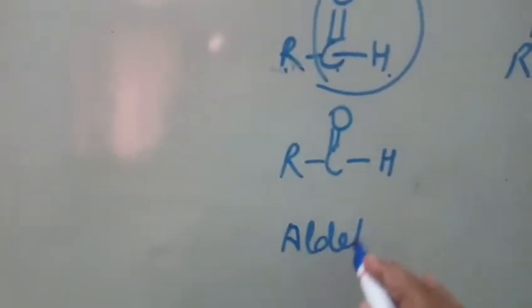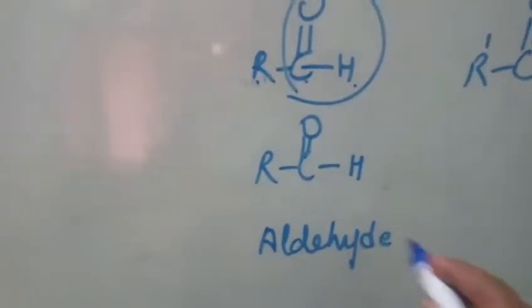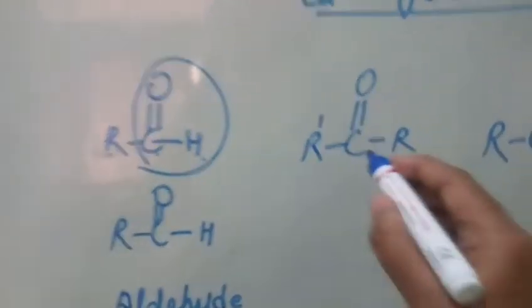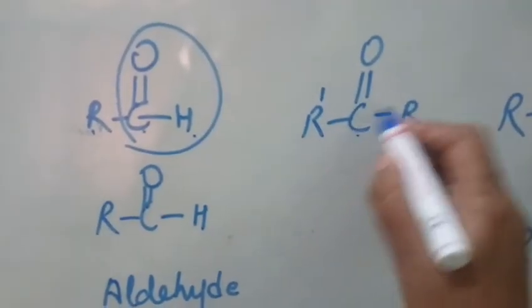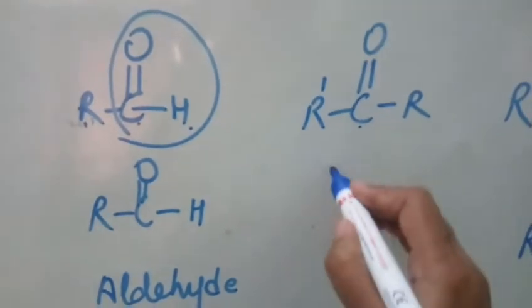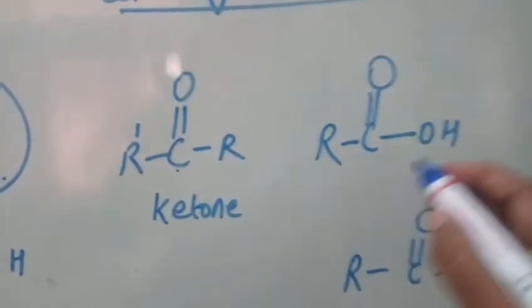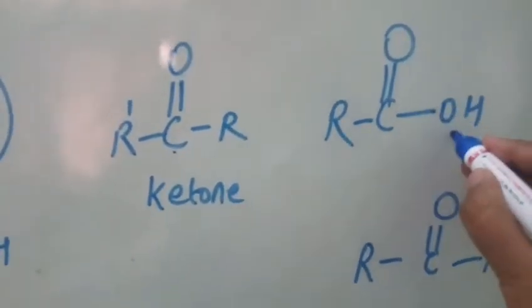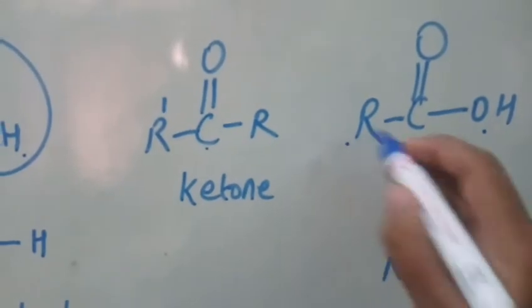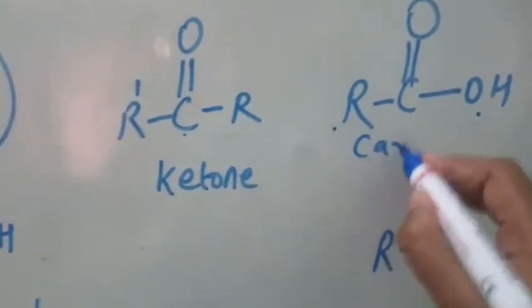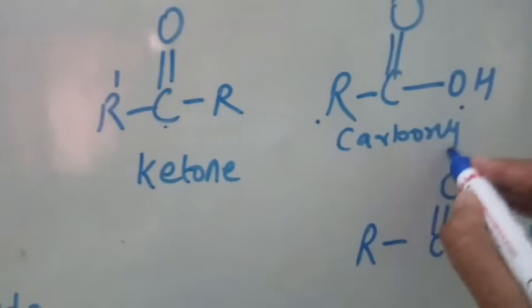Similarly, in ketones, the carbonyl group is attached to alkyl or aryl groups on both sides. In carboxylic acid, the carbonyl group is attached to a hydroxyl group on one side and alkyl or hydrogen on the other side.